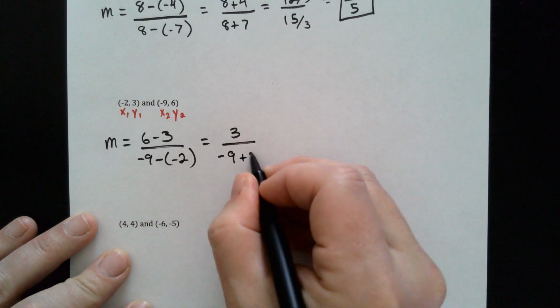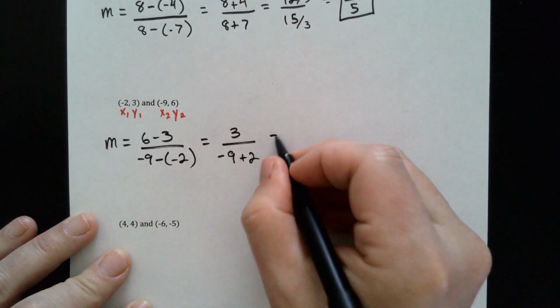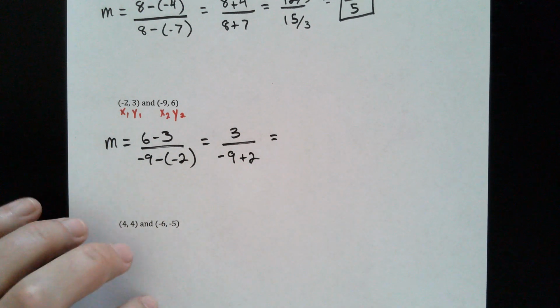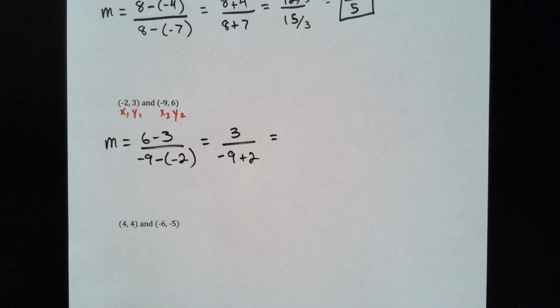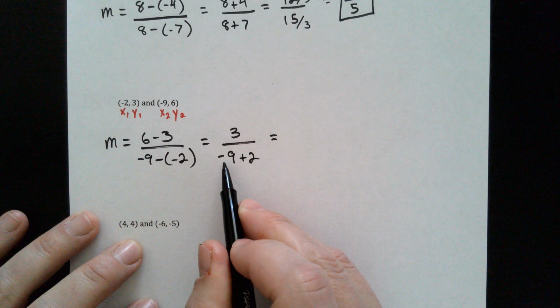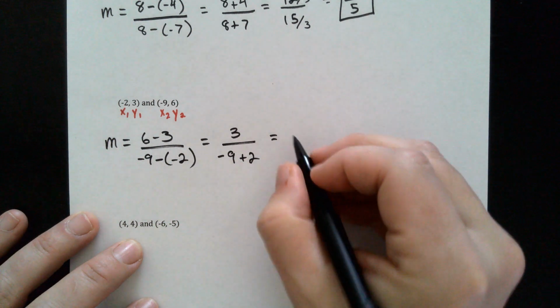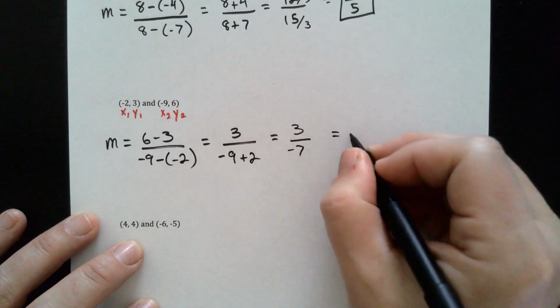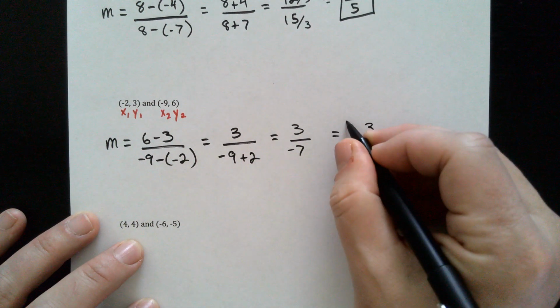This becomes a plus 2. Okay, and remember that if you're adding a negative and a positive, you subtract, but keep the sign of the larger number. So 9 minus 2 is 7. The sign of the larger number is this one, so it's negative, so it'll be negative 7. So 3 over negative 7, which we will write as negative 3 over 7 for our slope.